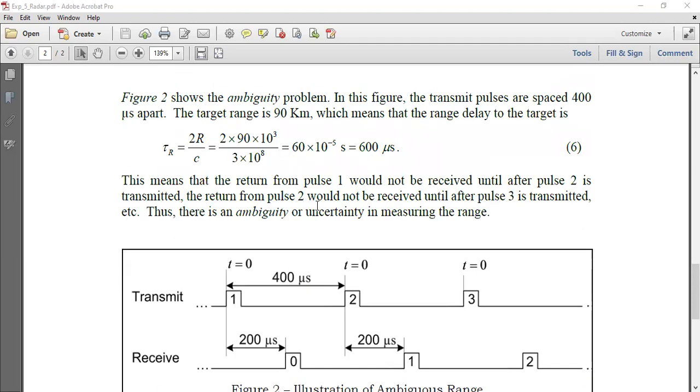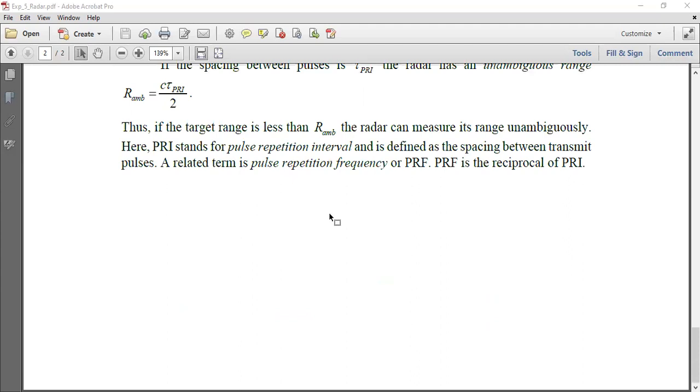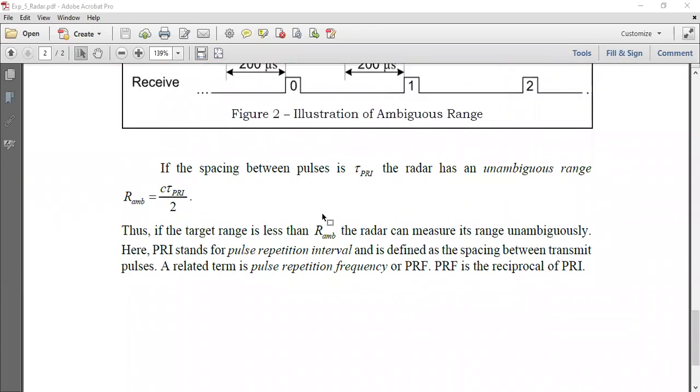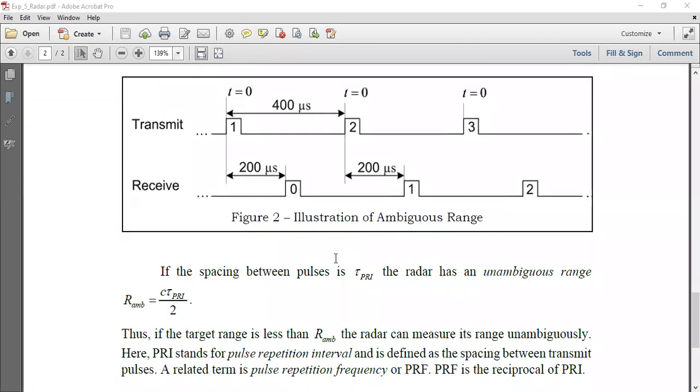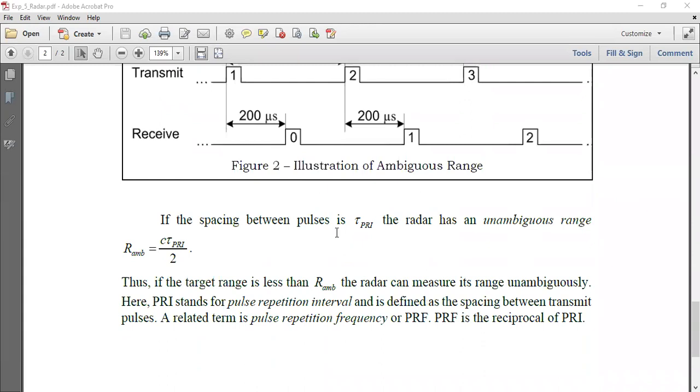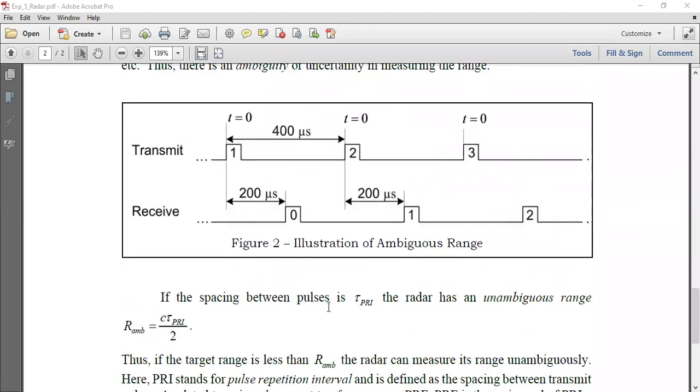This is called pulse repetition interval, PRI, and its reciprocal is pulse repetition frequency, PRF. So you need to set this value based on what is appropriate for the expected distance of the object. However, too large a PRI has a problem. It's a trade-off, what you set for PRI.